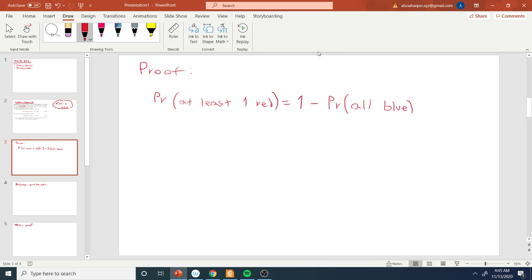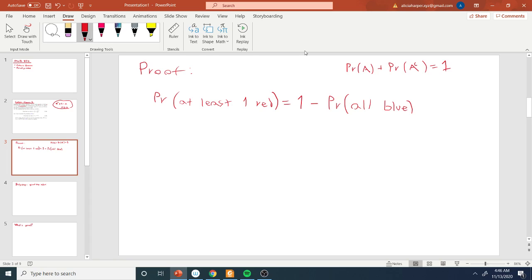Here we're using the fundamental fact about probability, which is that the probability of A plus the probability of A complement is equal to 1. But in this case, the probability of A complement, which is all blue, is easier to compute.